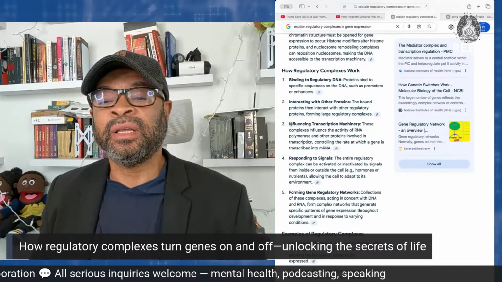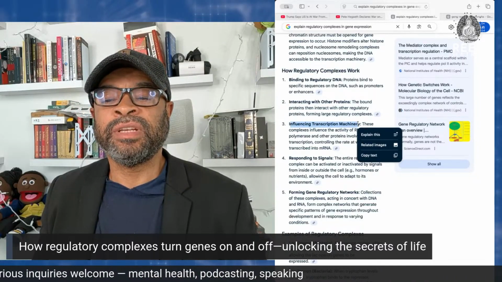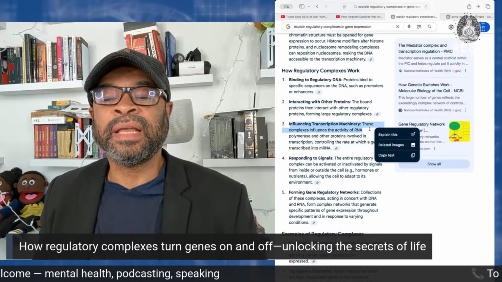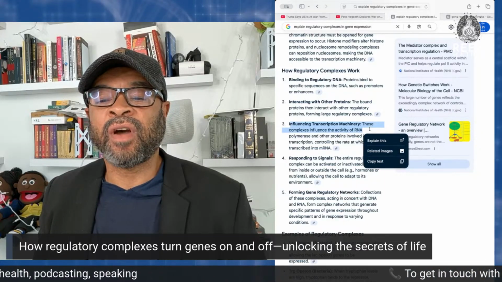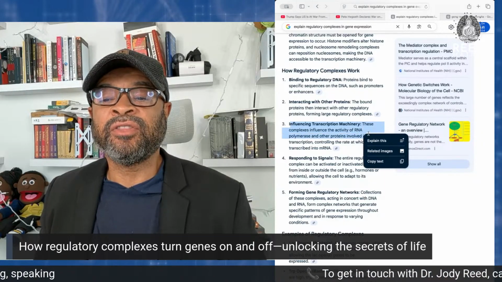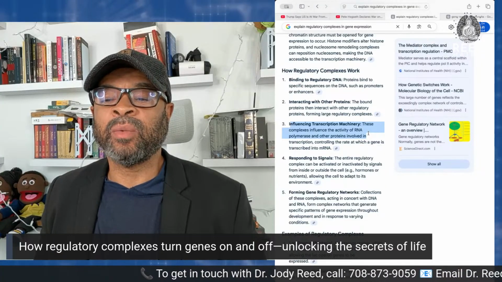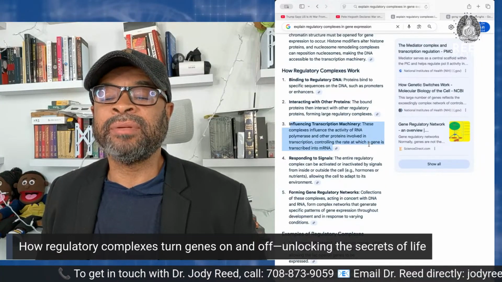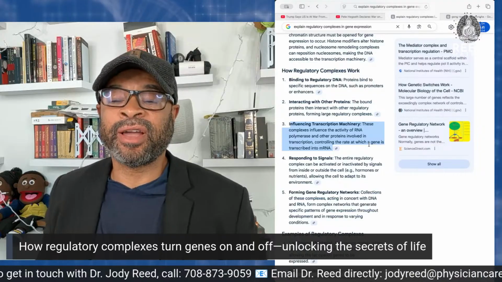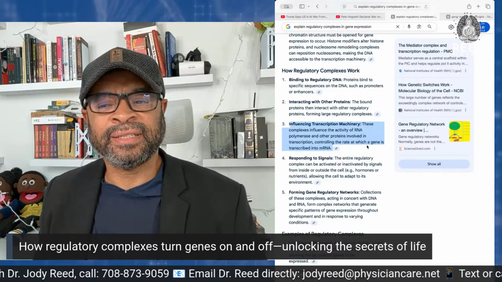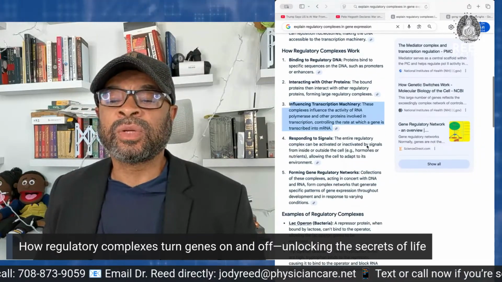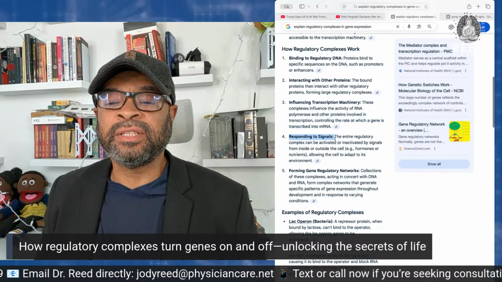Step three, influencing transcription machinery. These complexes influence the activity of RNA polymerase and other proteins involved in transcription, controlling the rate at which the gene is transcribed into mRNA. Make sense? Okay. Next, number four, responding to signaling.